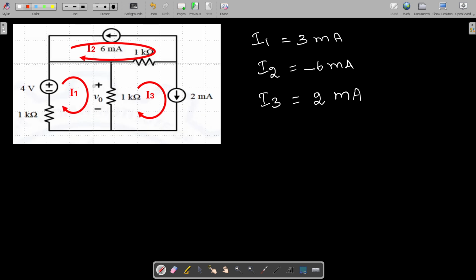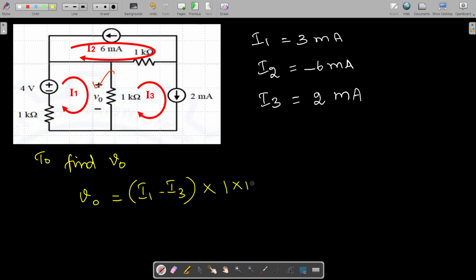But the question in this problem is to find V naught, isn't it? This V naught is nothing but the current flowing through the resistor multiplied by the resistance. So we have the difference of the currents, I1 minus I3, multiplied by that 1 kilo ohm, which is 1 into 10 power 3.